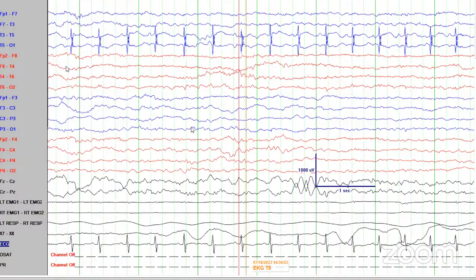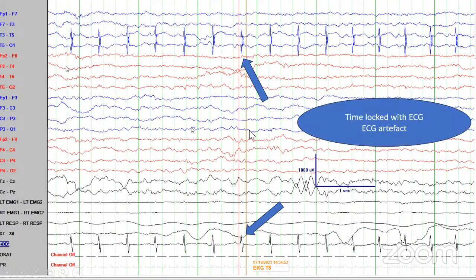But the thing to observe here is that these spiky activities on the left side are easily time locked with the ECG marking which we have, right? So this is exactly time locked with the ECG, hence this is ECG artifact.